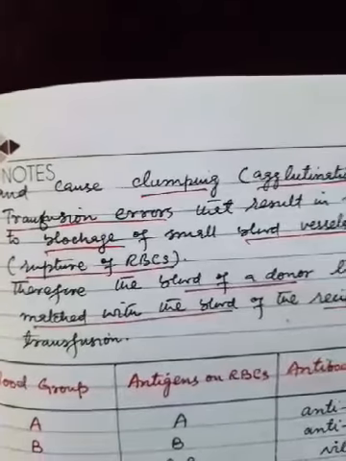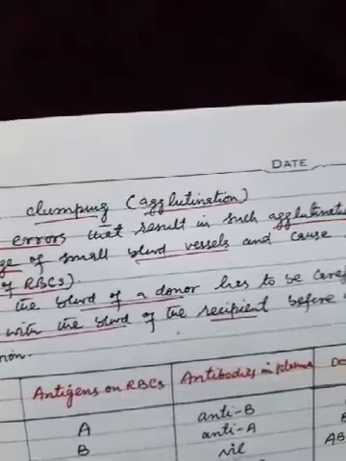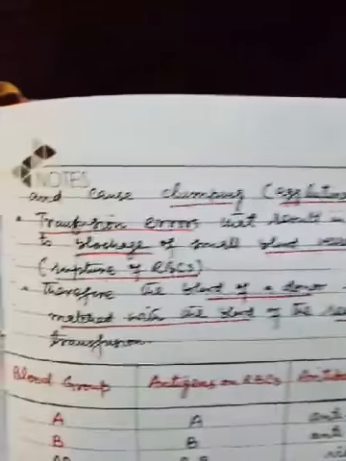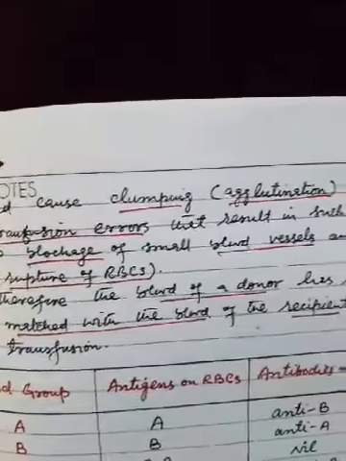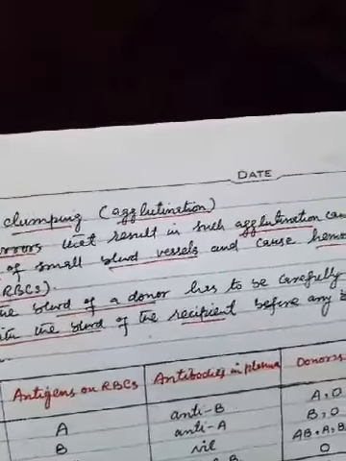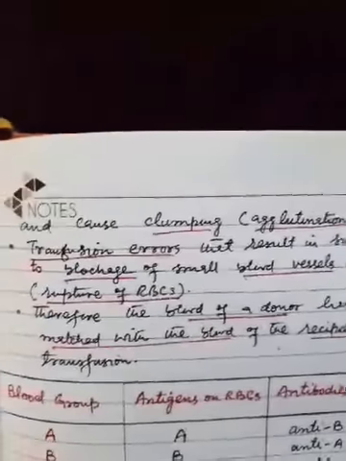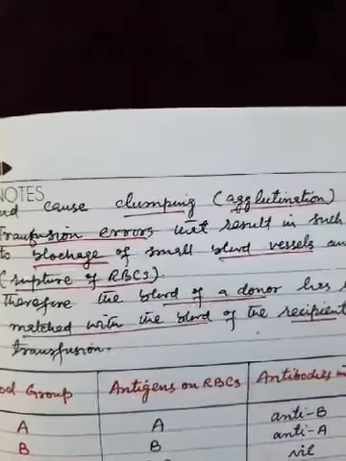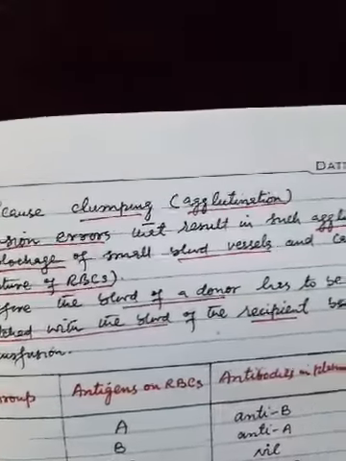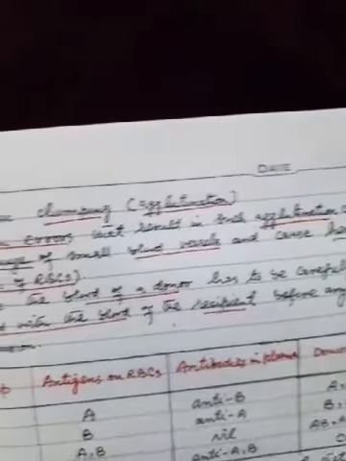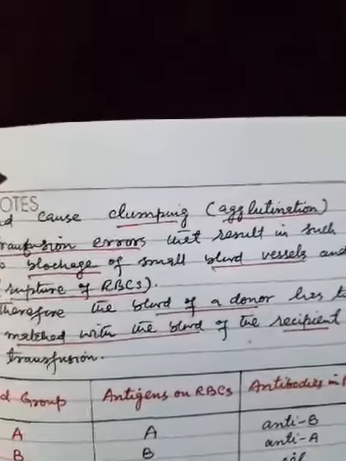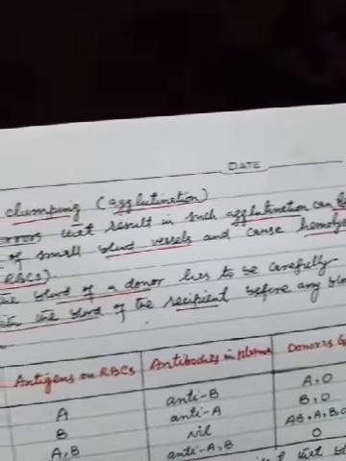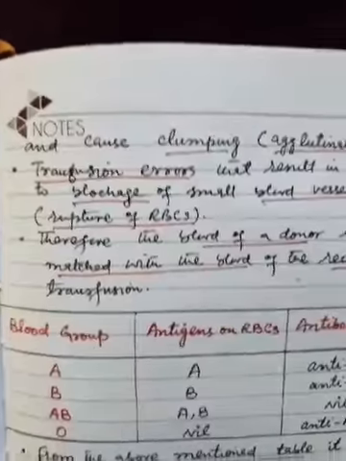Transfusion errors that result in such agglutination can lead to blockage of small blood vessels and cause hemolysis, that is rupture of RBCs. Therefore, the blood of a donor has to be carefully matched with the blood of the recipient before any blood transfusion.